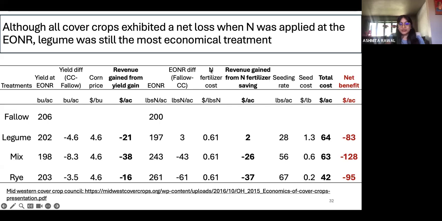She would be able to speak to it better than I do, because I stole the nitrogen fixation slide from her. We used N15, and that's how we calculated nitrogen from fixation versus from soil.